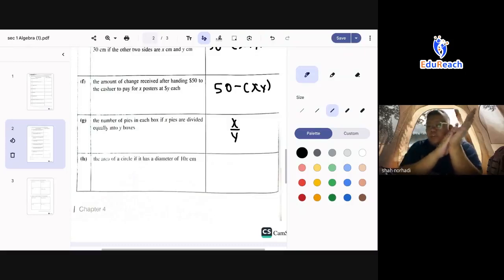You might need to have the formula first. Write down the formulas. Area of circle is pi r squared. Then you put in your value of radius.